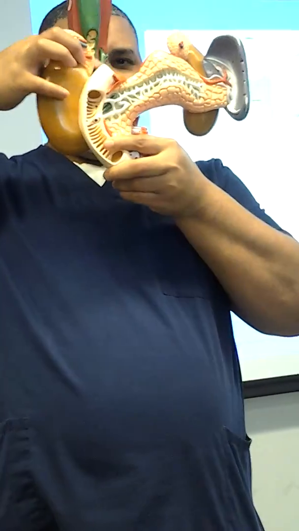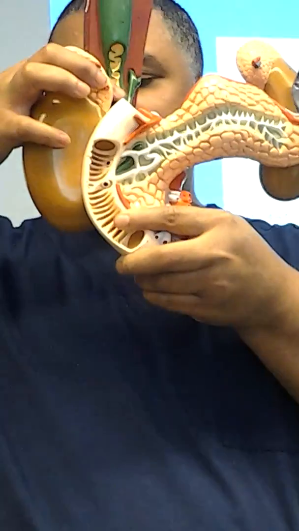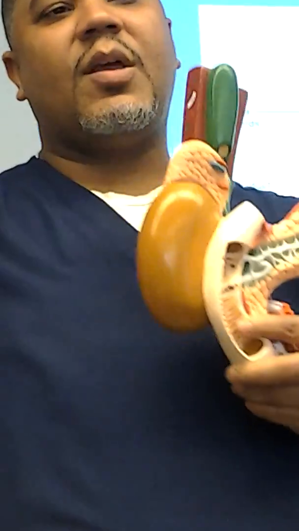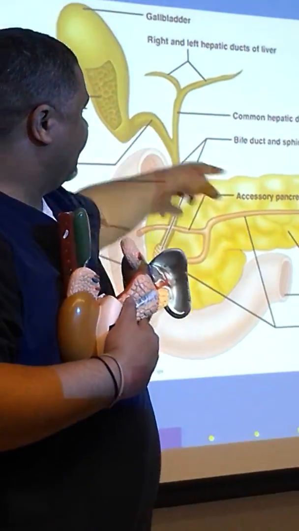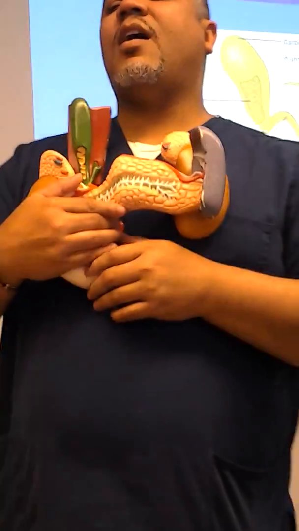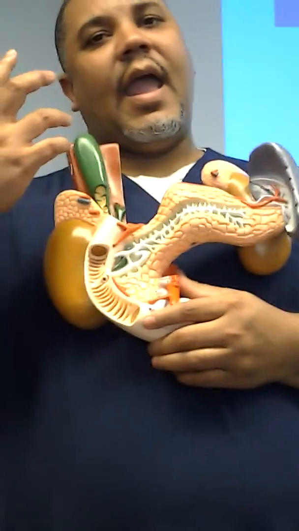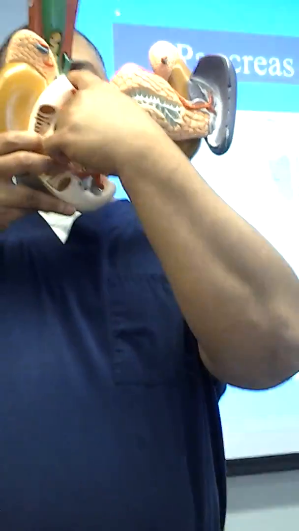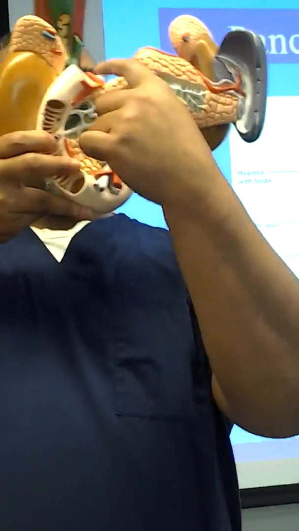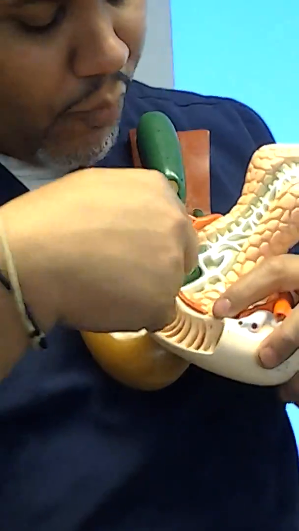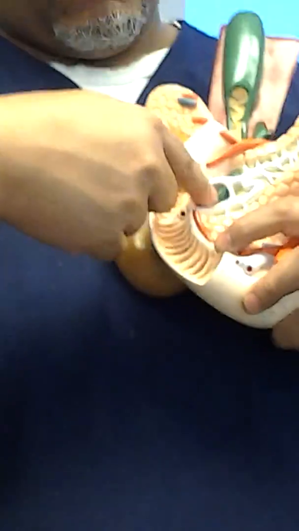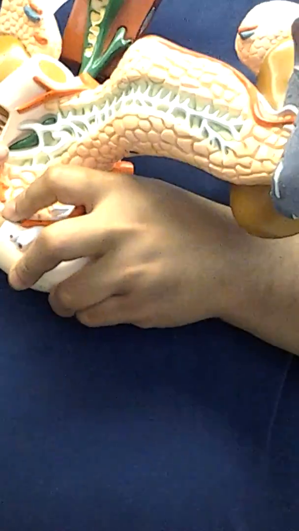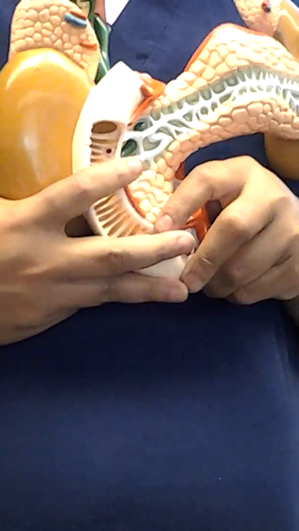This duct is going to be called the cystic duct. The combination of the cystic duct and the hepatic duct then forms the bile duct. So this duct down here, where the combination comes together here, and then it goes all the way inside here and across, this is all the bile duct. Okay? So that's the bile duct.